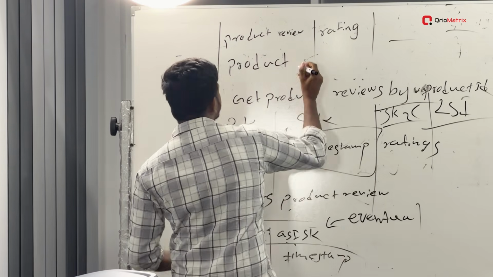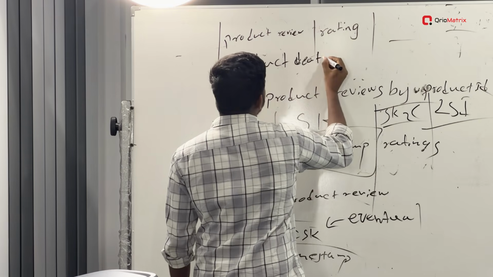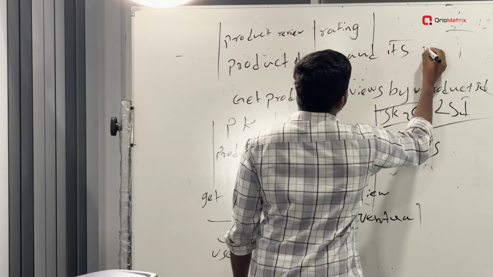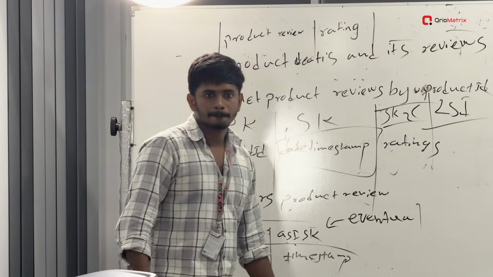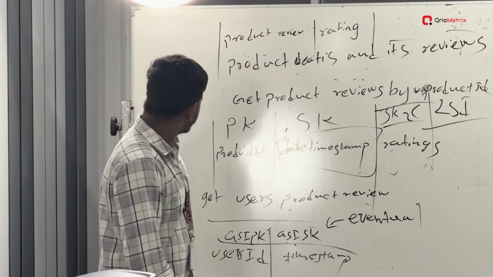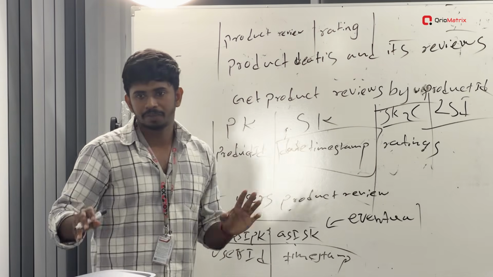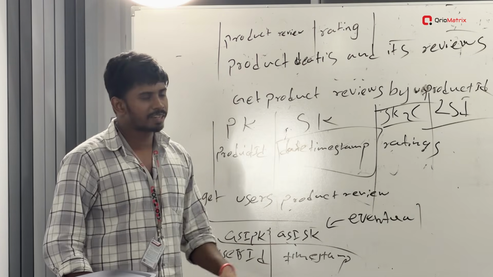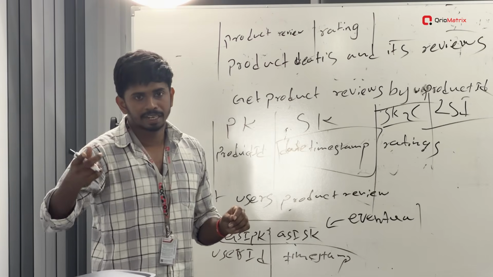For the front end you need to get product details and also its reviews. In this case, if we store these product and product reviews in separate tables, we need to do two queries, right? First we need to get product details, then we need to query these reviews from the second table.